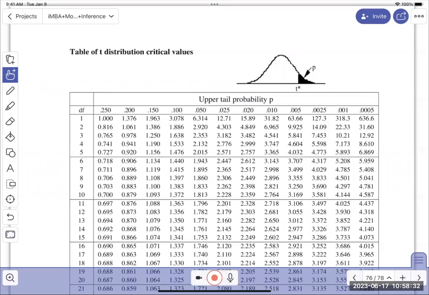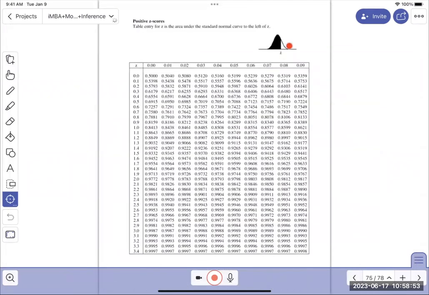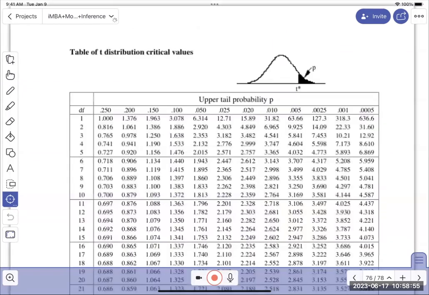T does not represent the right tail, but the table shows you the right tail. Yes, you're right. So the T table is different from the Z table because it's giving you the right tail rather than the percentile on the left, right? Correct? So it always goes left for Z, so that's a good point.